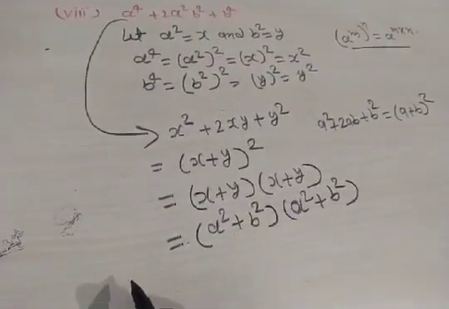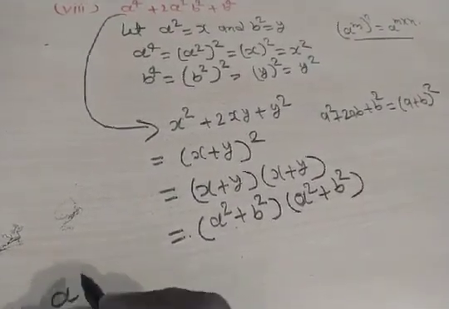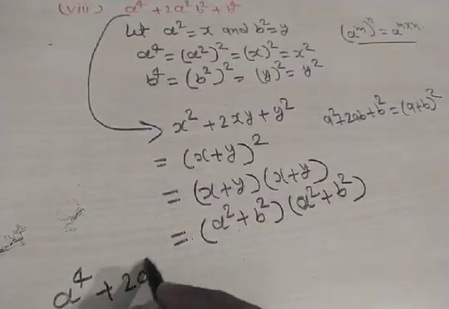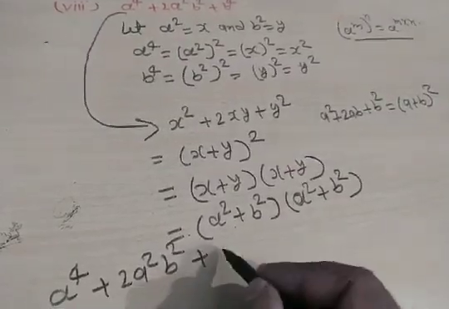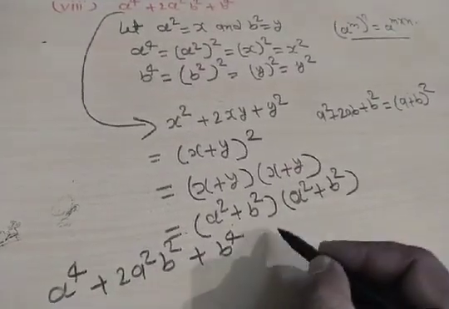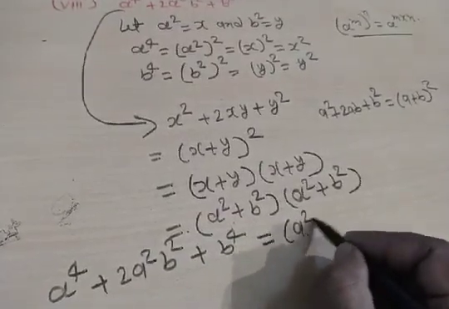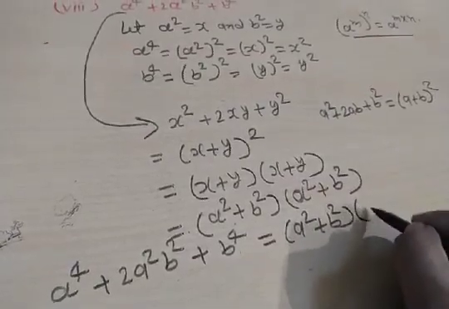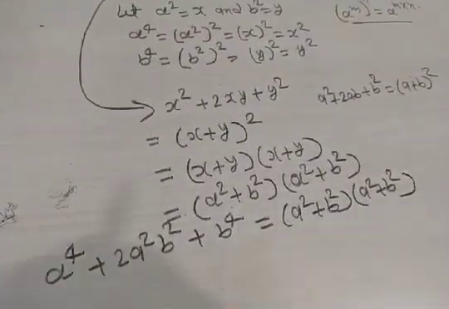So in this way you find the factorization of A power 4 plus 2 A square B square plus B power 4 is equal to A square plus B square into A square plus B square. Clear?